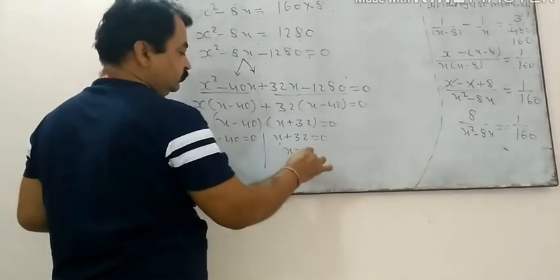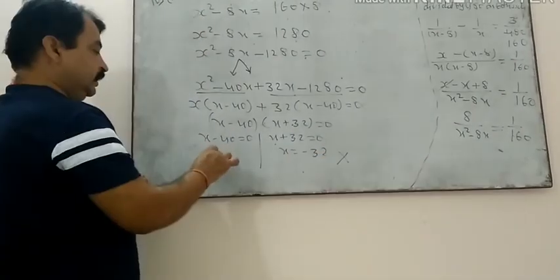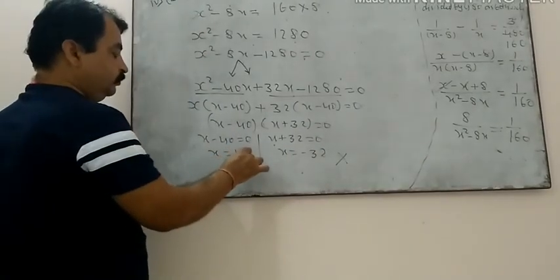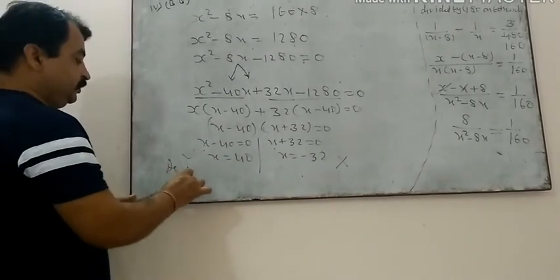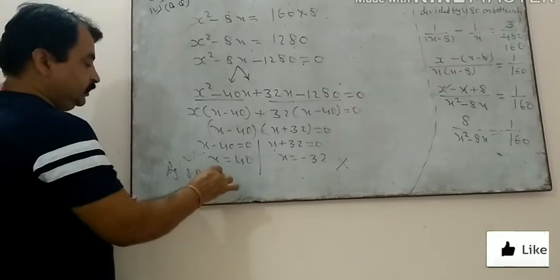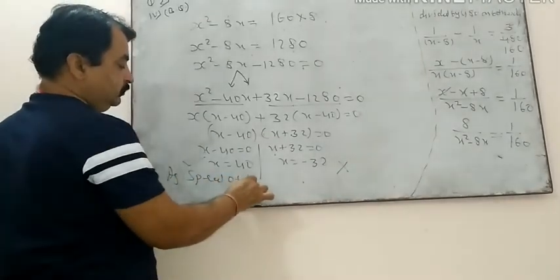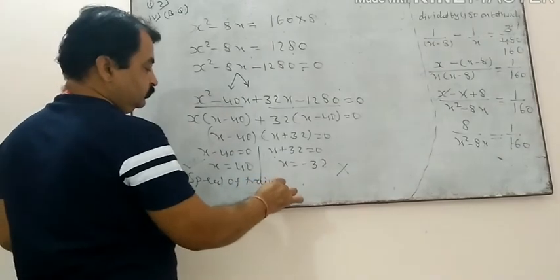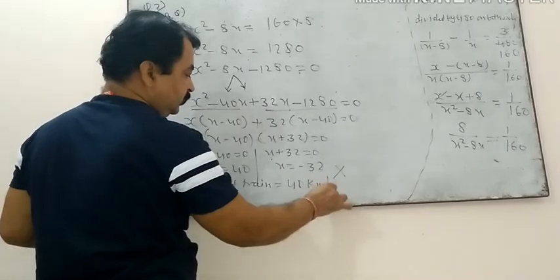So x equal to minus 32. The speed of train cannot be negative, and here x equal to 40. So this is the answer, that is the speed of train. Right, children? The speed of train is equal to 40 kilometer per hour.